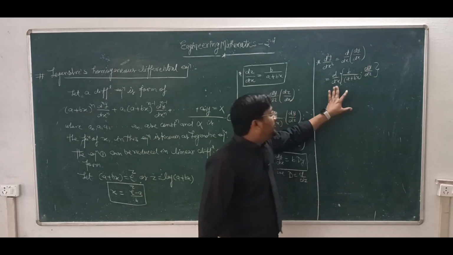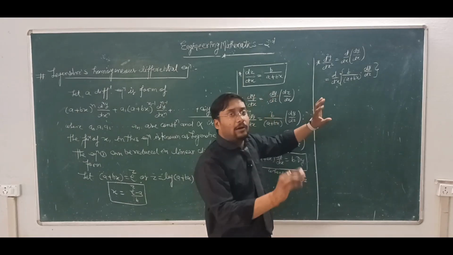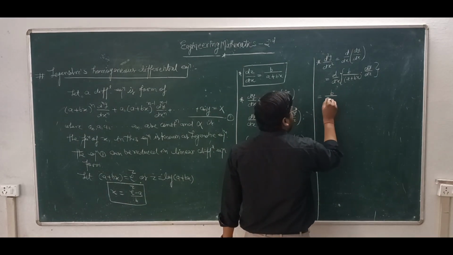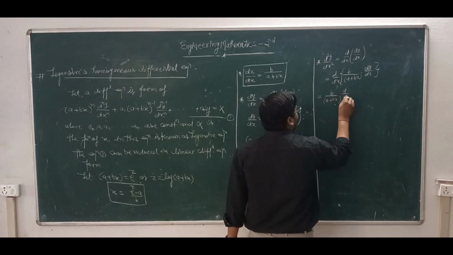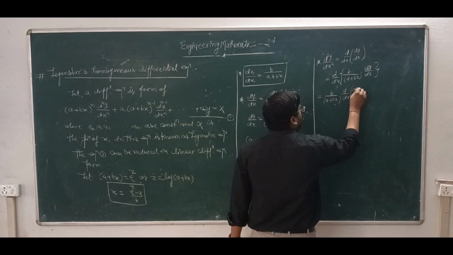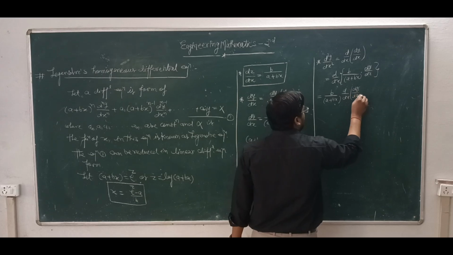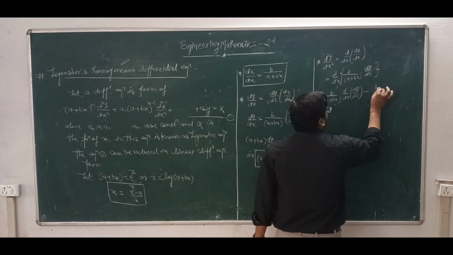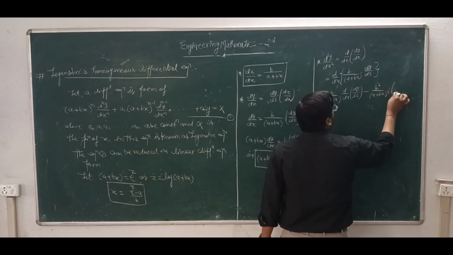This is a differential of the product u into v. Now putting all the values of u and v, first you can write b upon a plus bx, d by dx of dy by dz, now minus b square upon (a plus bx) to the power 2 into dy by dz.